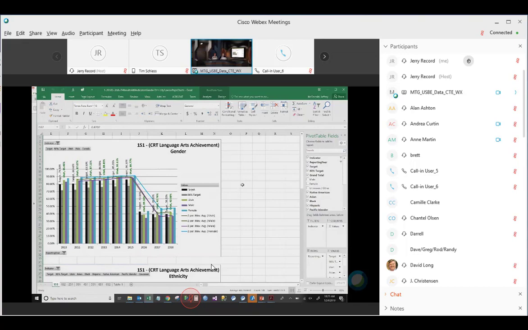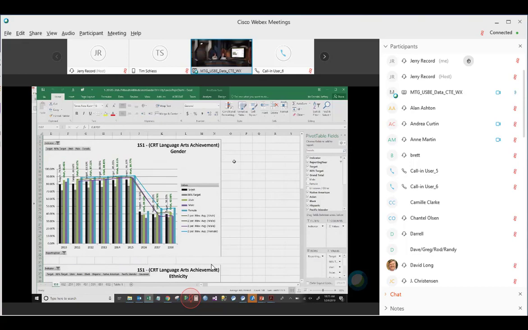And you can look, this is the 1S1 measure, language arts achievement. We took a huge fall in 2015 to 16, and that was probably the changeover in assessment methods from what were we using before SAGE? I can't remember now. CRTs before SAGE.